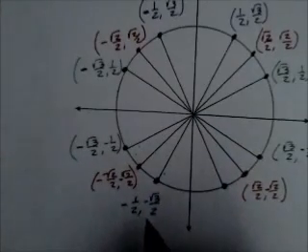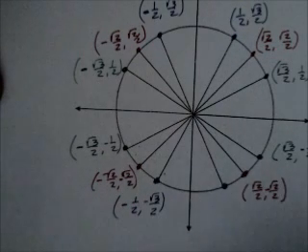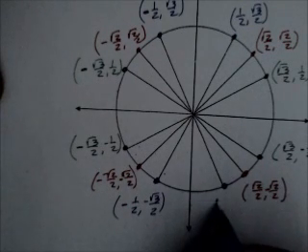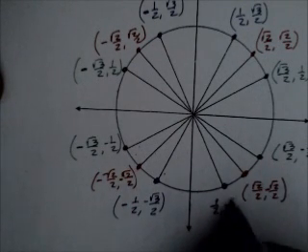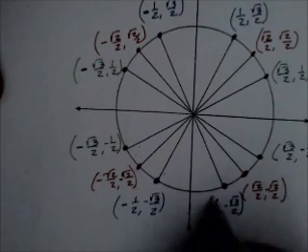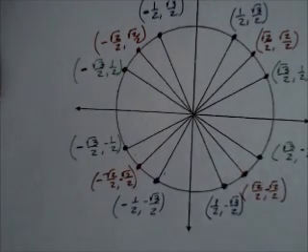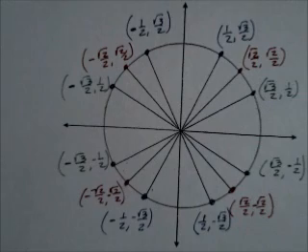There we go. And positive 1/2, comma, negative square root of 3 over 2. Okay.